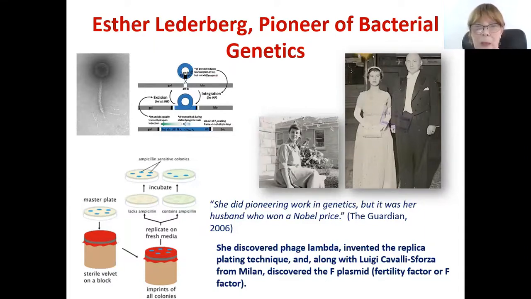She did pioneering work in genetics. She was the person who isolated the lambda phage, one of the most famous phages after T4. And the Nobel Prize, of course, was given to her husband, but not to her.